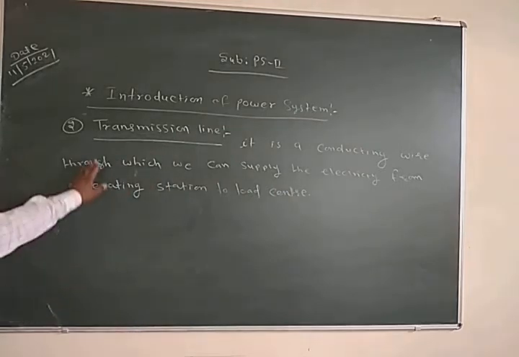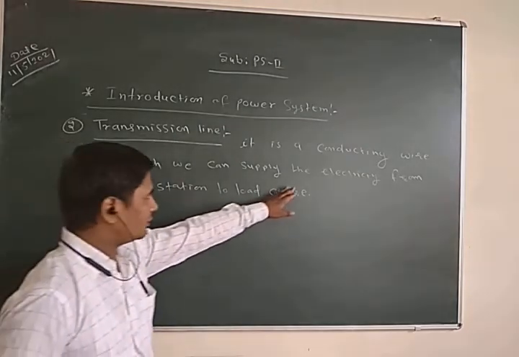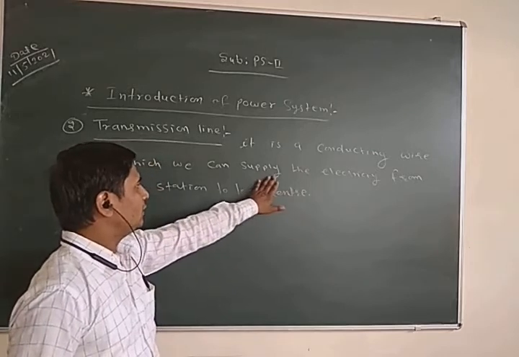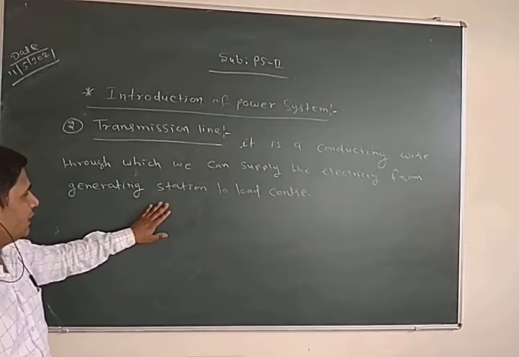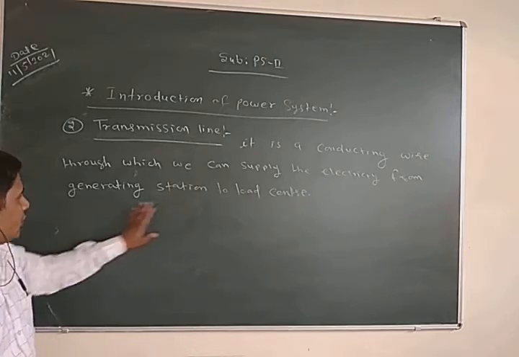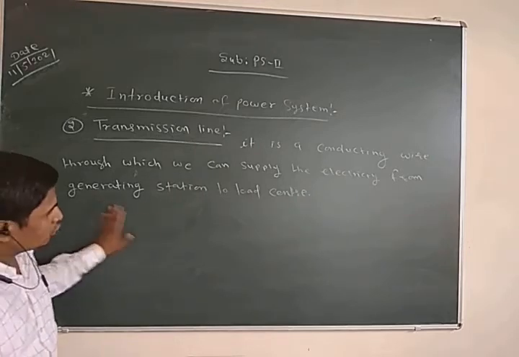So basically transmission lines are the conducting wires with the help of which we can supply the electricity from our generating station to the load center.